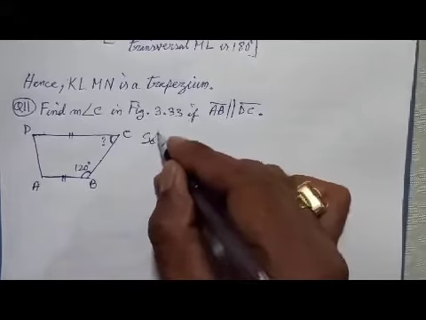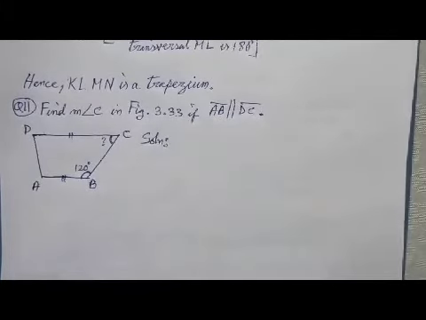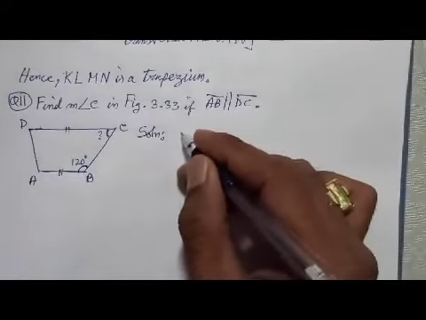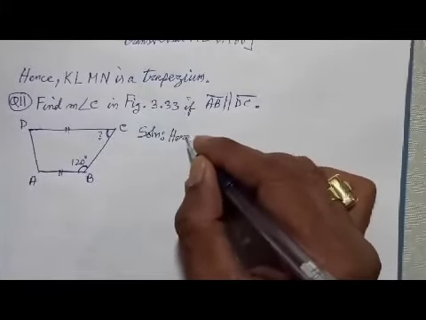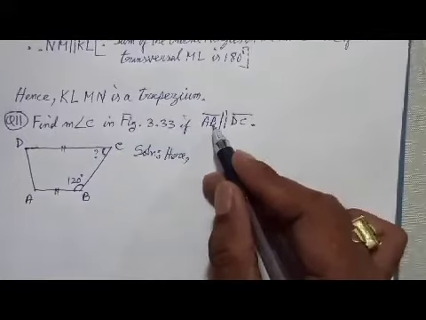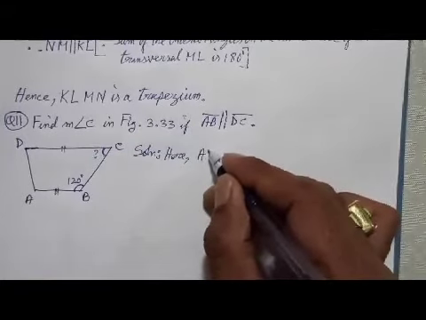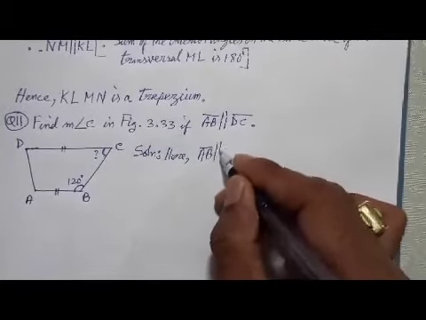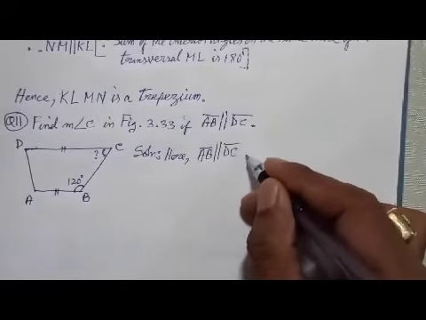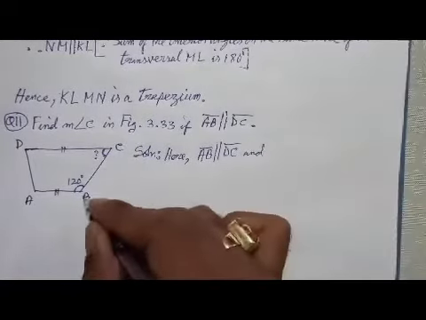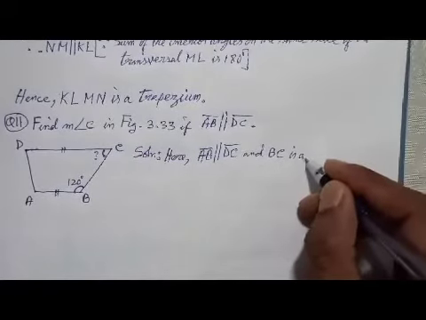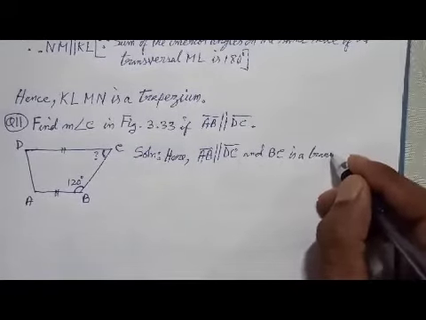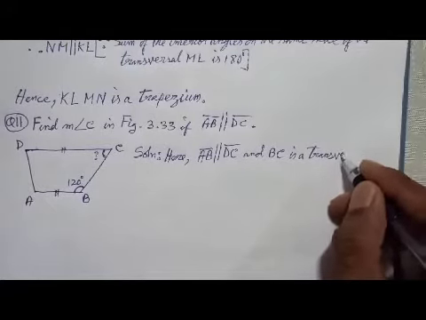Now the solution. Here, AB is parallel to DC, and BC is a transversal.